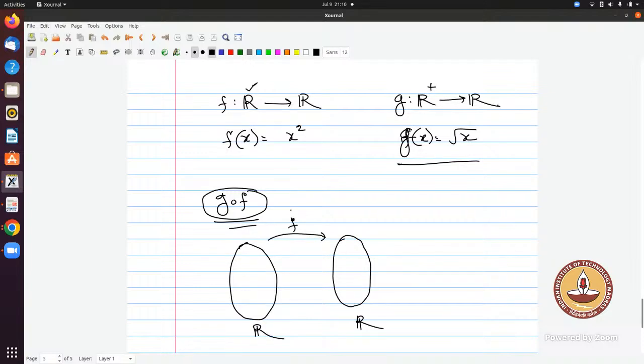Can someone tell me what is the range of this function, x square? Positive real numbers? Only positive real numbers, right? No, positive, and zero also comes, including 0. Correct? So this is basically R plus. This is the range. Clear? This is f.